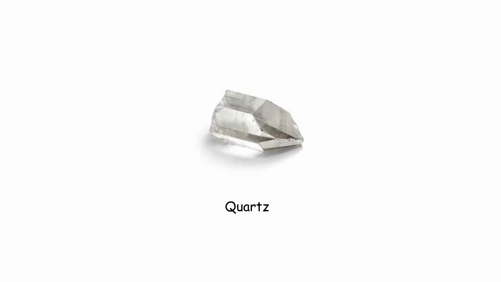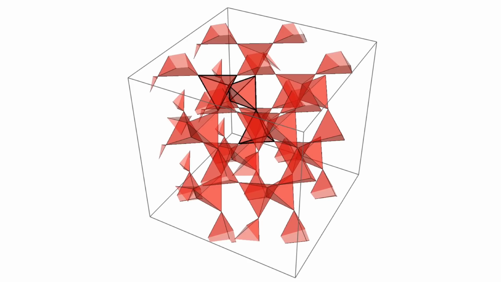And I will conclude with a little animation of motion in this very common crystal, quartz. It's a silicon dioxide, and in this diagram, what we see is just the tetrahedra formed by oxygen atoms.